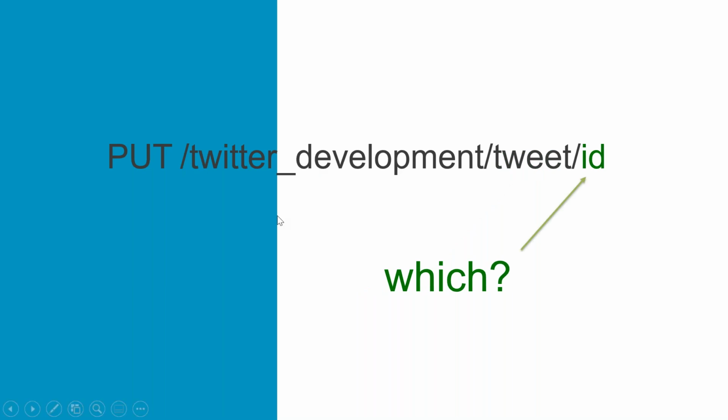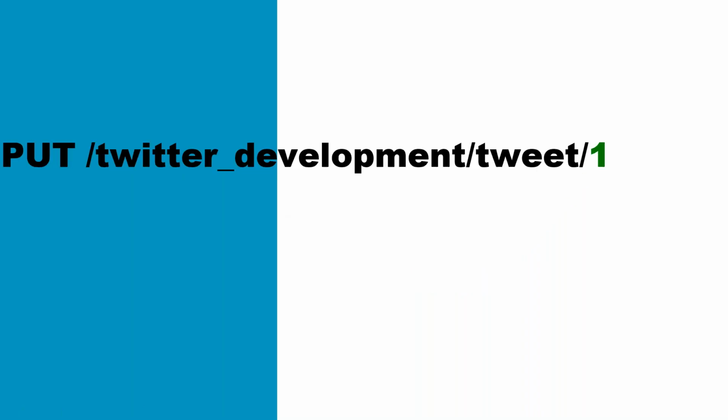Put will create a document and it will do the full update also if it exists. If it does not exist, it will create a full document. So look at this here. Put is a verb, Twitter development is an index, tweet is a type, one is a document ID.